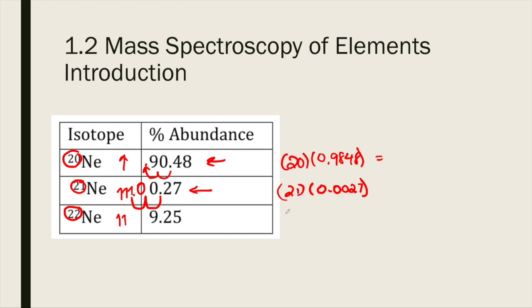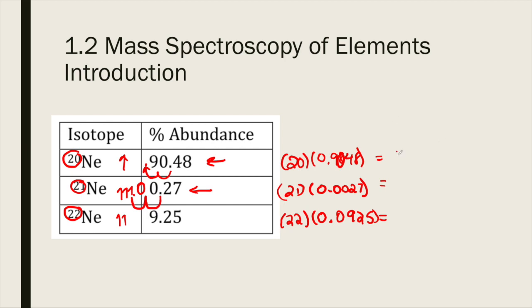Next, we'll go ahead and do 22 times now 0.0925. Now we'll go ahead and multiply all these out. So for the first one, just use your calculator. And 20 times 0.9048. My bad.